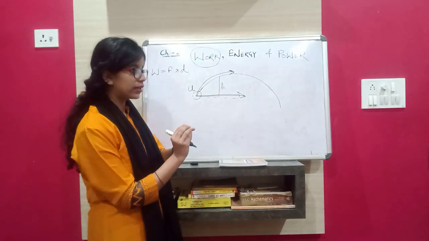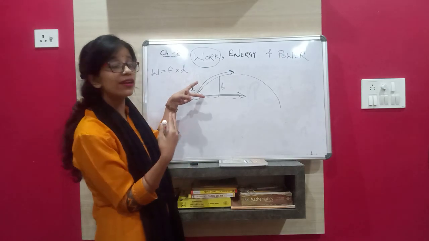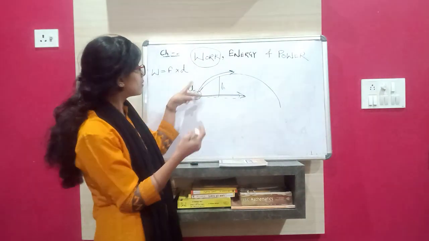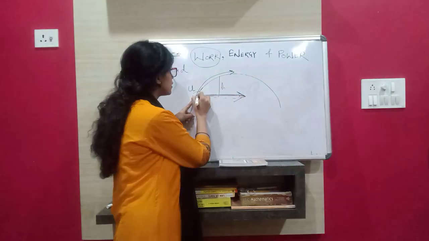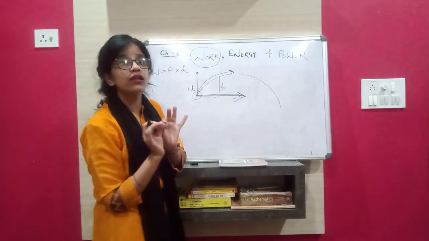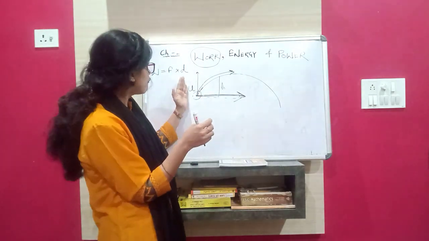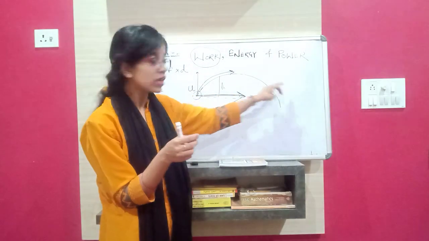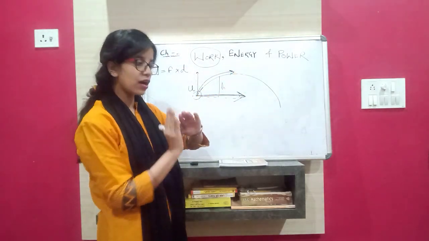When you throw the body with the velocity u, there are two components of the velocity which get broken: one is known as the horizontal component, and the other is known as the vertical component. That means you always have two effects of the velocity. One part of the velocity is taking the object in the forward direction, and one part is taking the object in the upward direction.